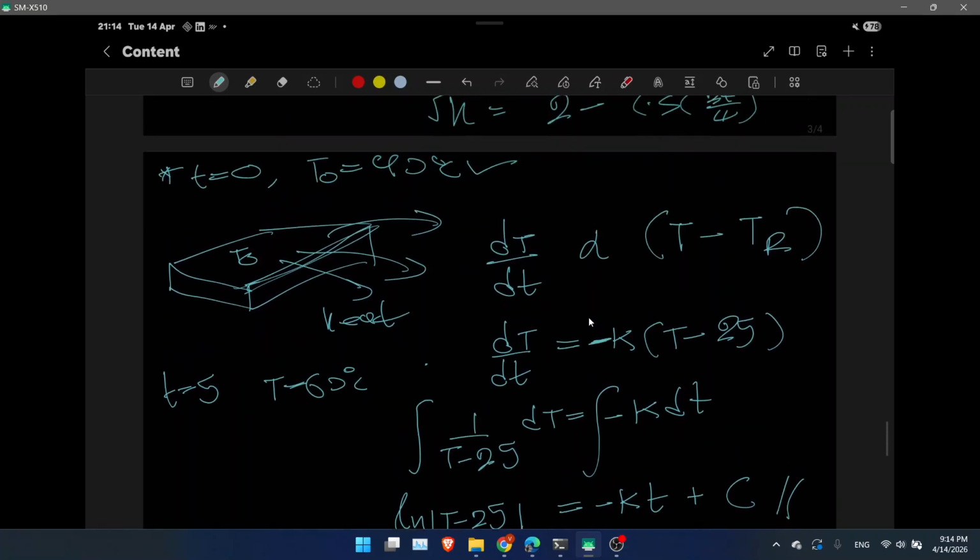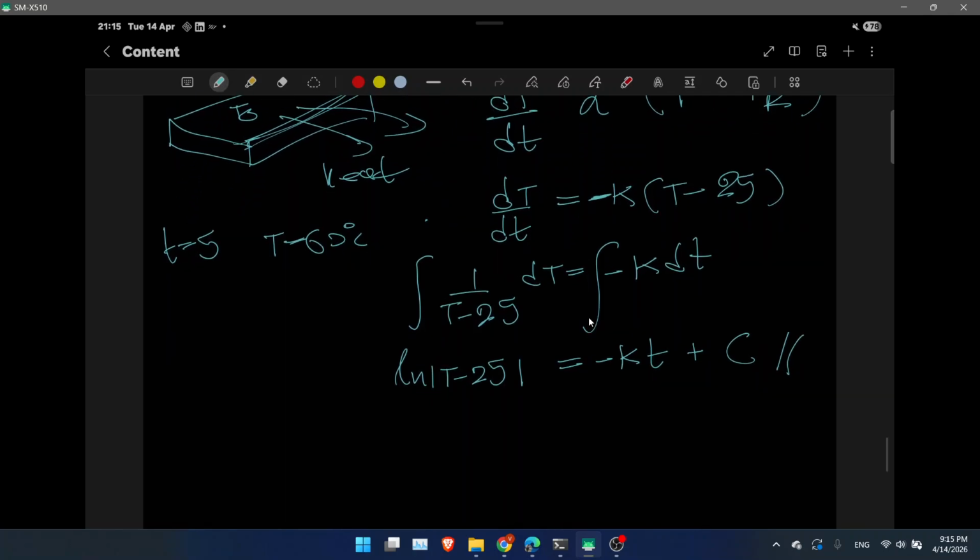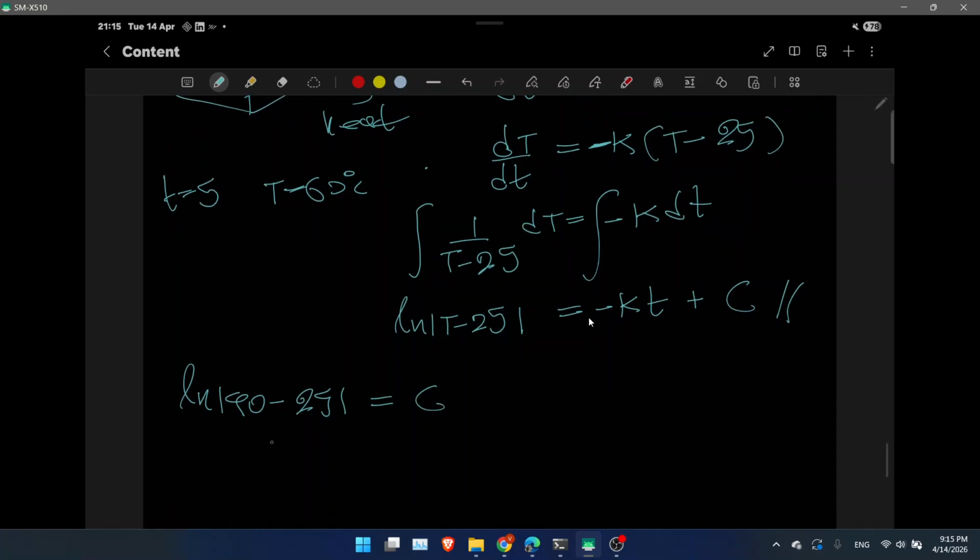So they say at t equal to 0, the temperature is 90. So t is equal to 0, temperature 90 minus 25 is equal to minus k times 0, which is 0, plus c. So we can directly find c. It is ln of 65. It's a positive value like this.